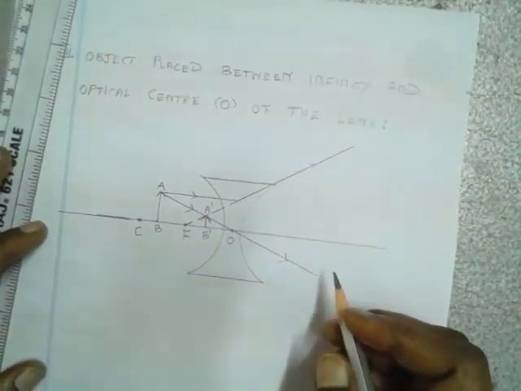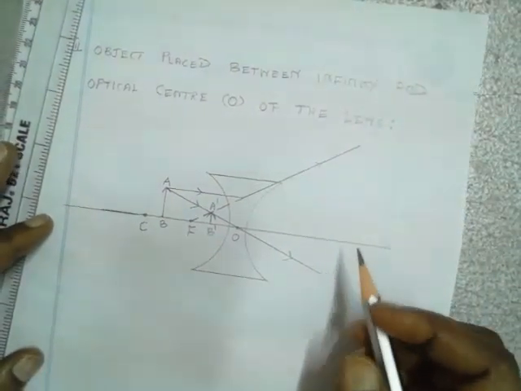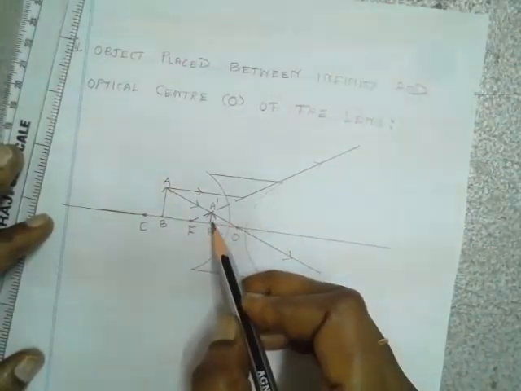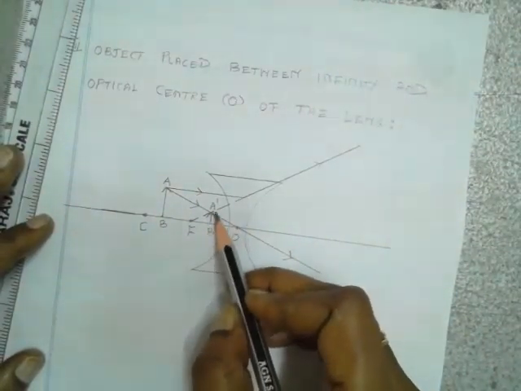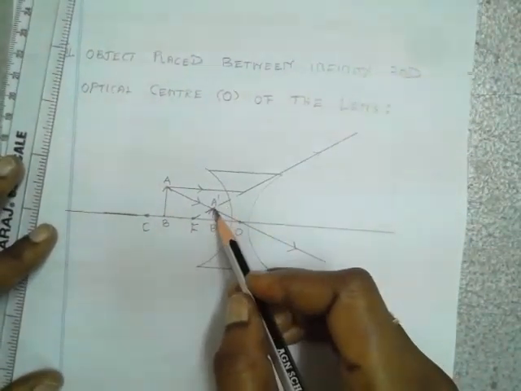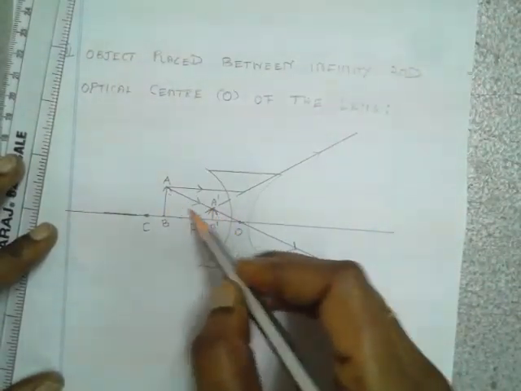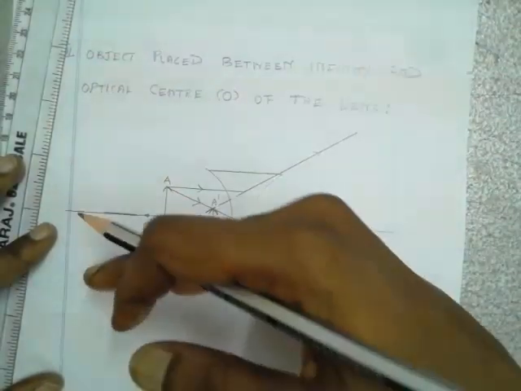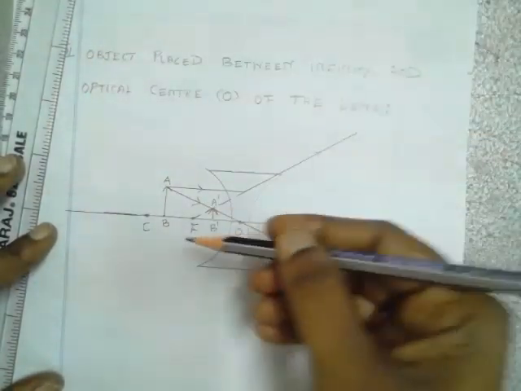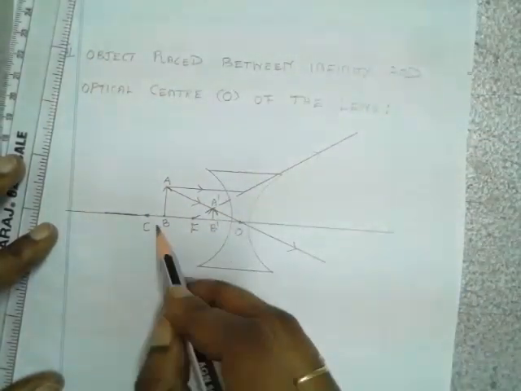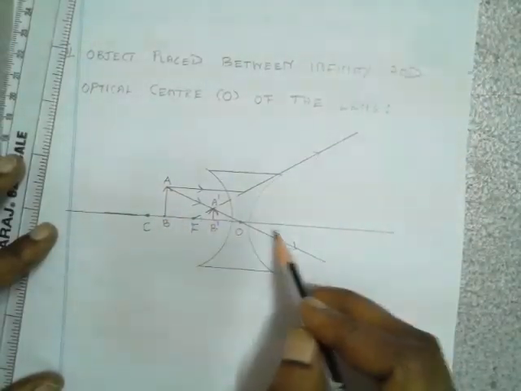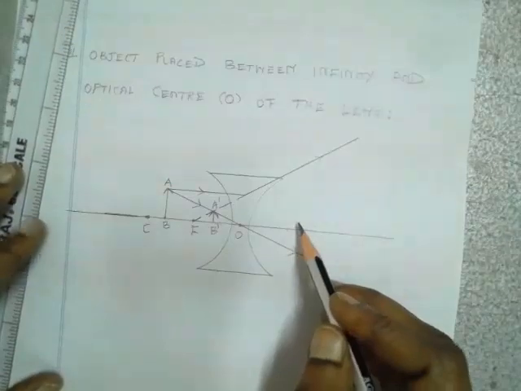In the case of a concave lens, we will get a virtual and erect image. That is, the heads of both object and image are in the upward direction and the tails of both object and image are on the principal axis.